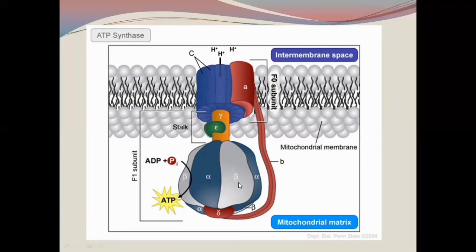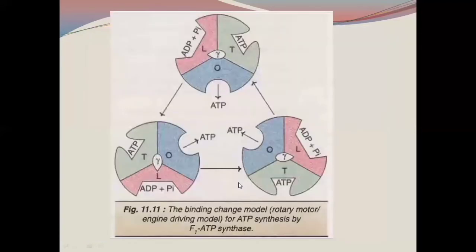So for the beta subunit, there is the binding change model, in which it occurs in three conformations: the open form, loose form, and the tight form, because of this gamma rotation. You can see the pointed form of this gamma that indicates the rotation.